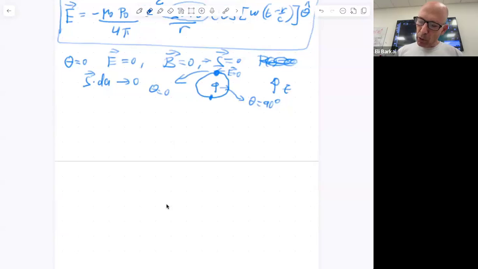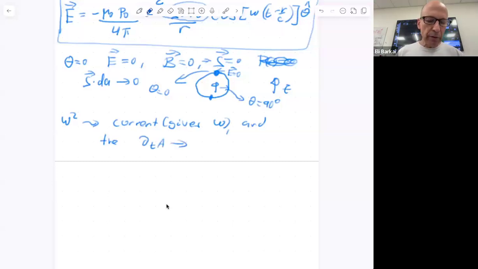So where does the omega squared term come from? This comes from current, which gives omega, and then d A dt, because you have an oscillating function, gives another omega.